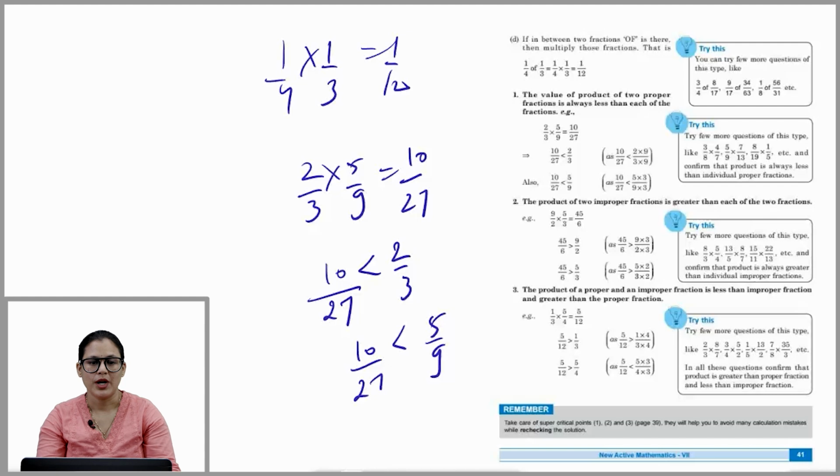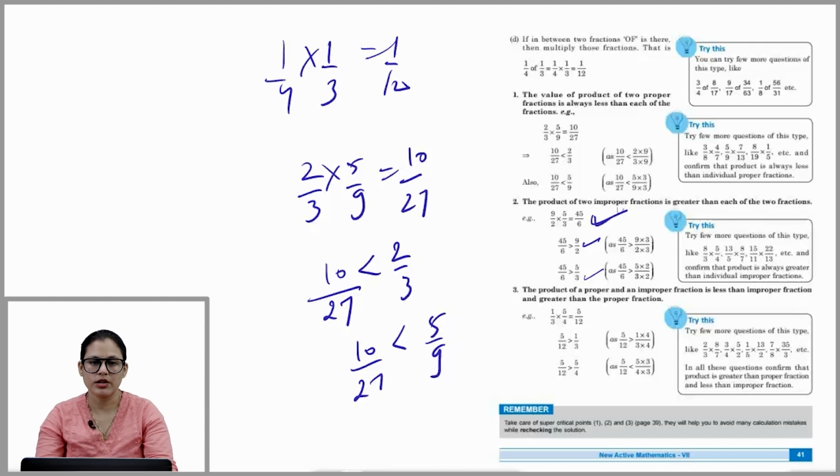Number 2, the product of two improper fractions is greater than each of the two fractions. For example, 9/2 into 5/3 is equal to 45/6. So clearly 45/6 is greater than 9/2 and 45/6 is greater than 5/3. Right.